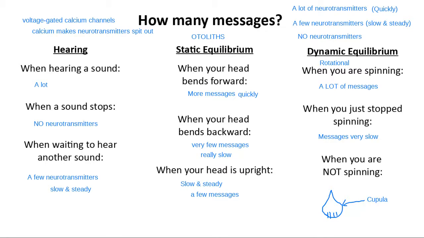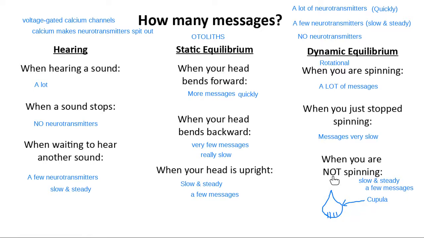We don't need to be nervous. When in doubt, just guess the normal amount of messages for the normal thing for your body. So when you're not spinning, we're doing the slow and steady thing again: a few messages, a constant little ping.